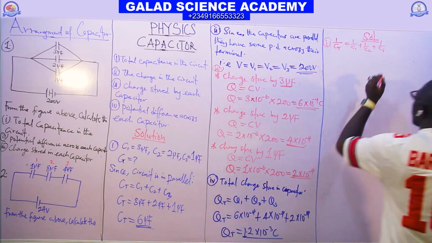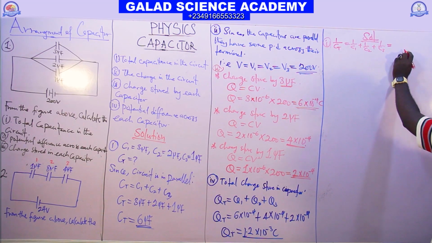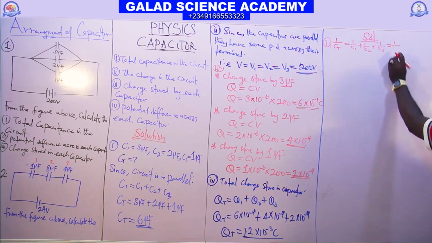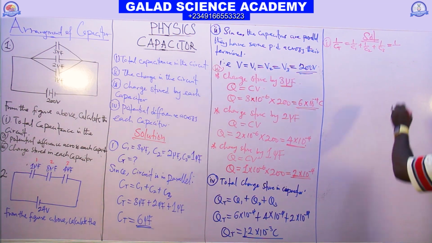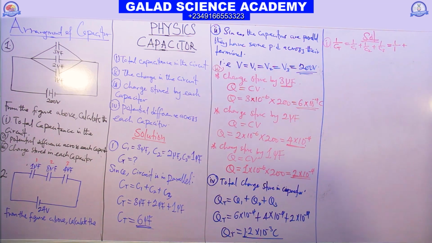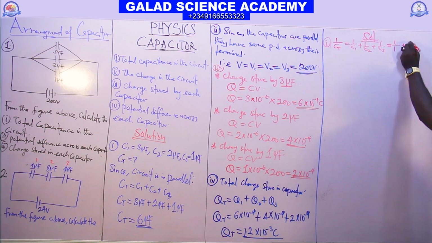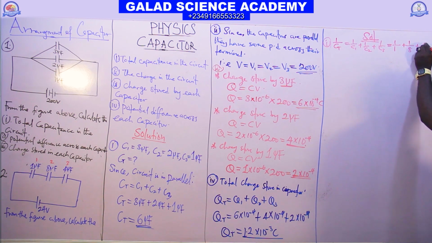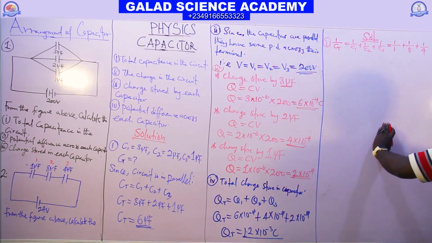By substituting here, we have 1 over C total equals 1 over 1 microfarad plus 1 over 8 microfarad plus 1 over 4 microfarad.